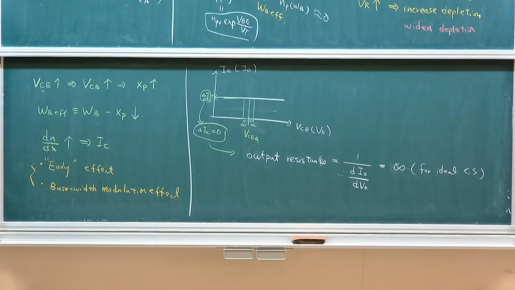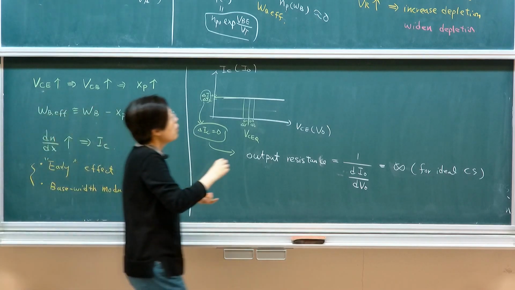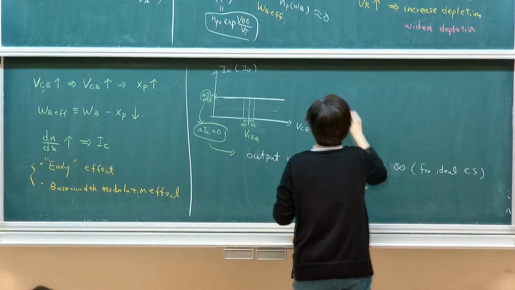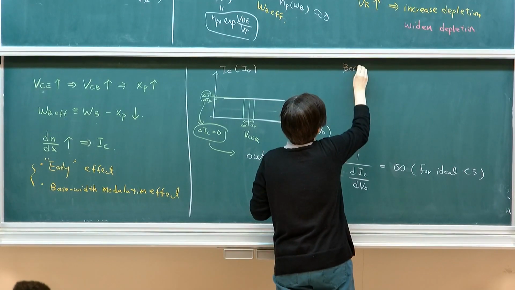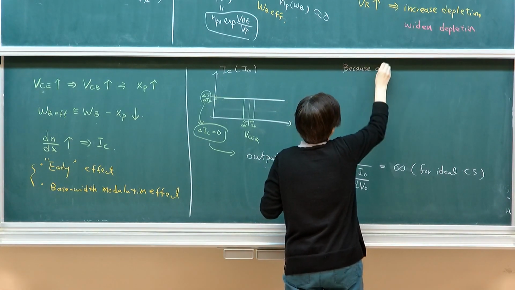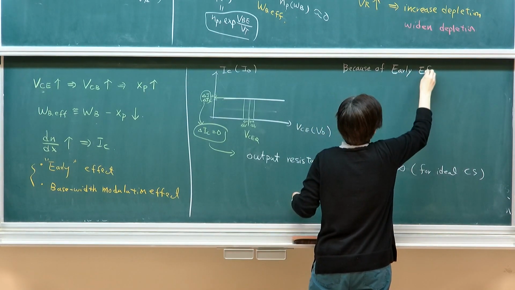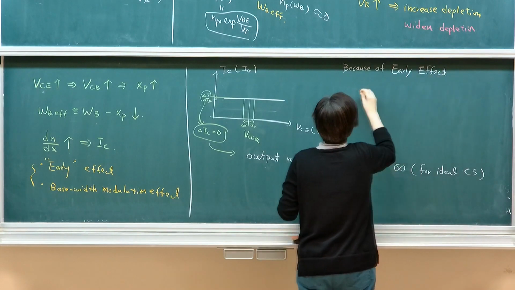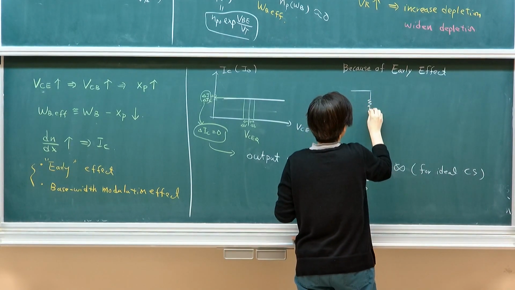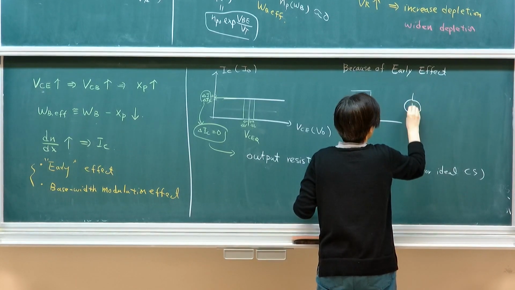So now it's not flat. So then we typically refer to this as a finite output resistance, because if your RO is infinite in this model, then it's an open circuit, right? So now, because of early effect, we have to refine our model.